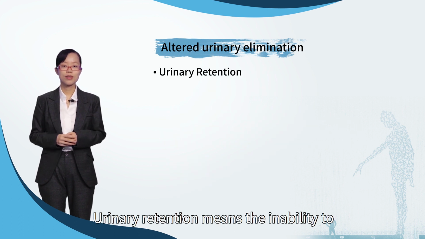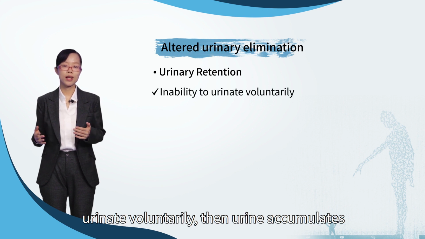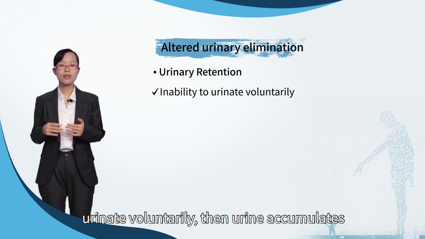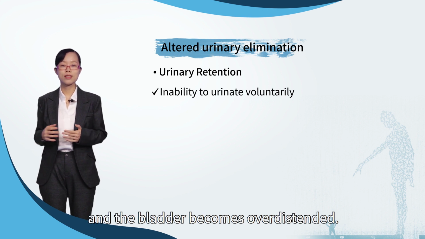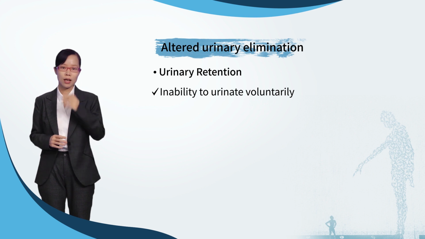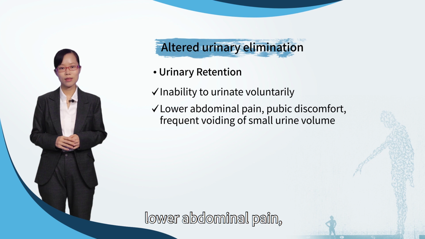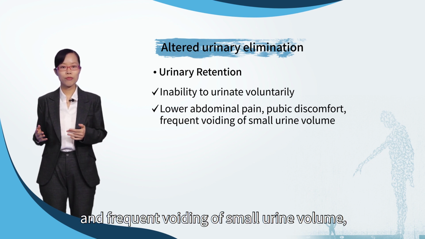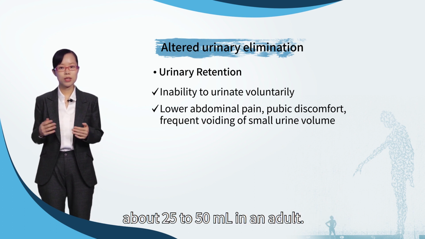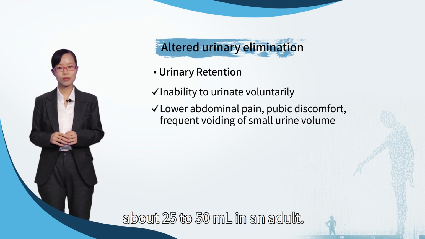Urinary retention means the inability to urinate voluntarily. Then urine accumulates and the bladder becomes over-distended. The patient will complain of lower abdominal pain, pubic discomforts, and frequent voiding of small urine volume, about 25 to 50 milliliters in an adult.